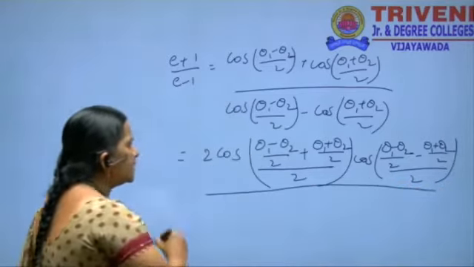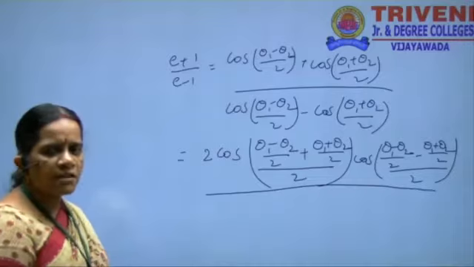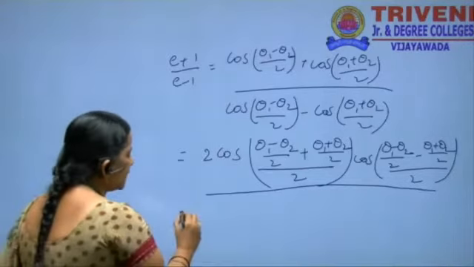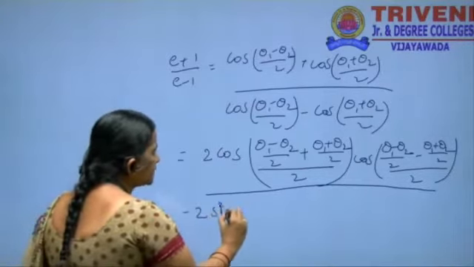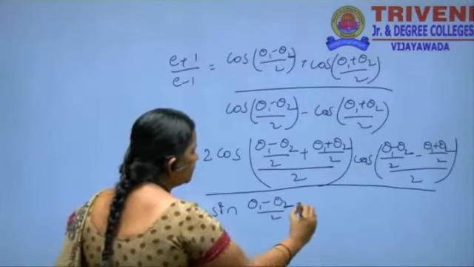And then the denominator cos C minus cos D. Cos C minus cos D is minus 2 sine C plus D by 2.